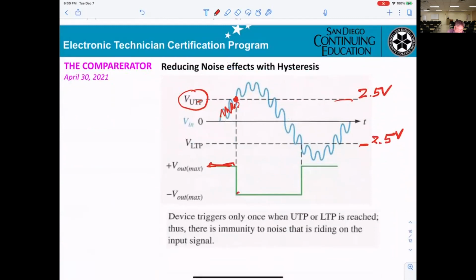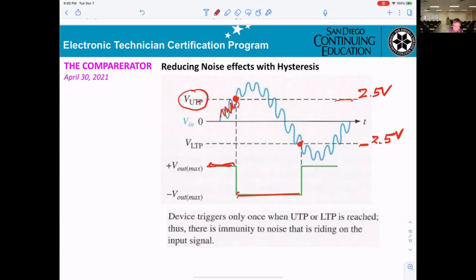Okay, that's only the first point. Then you have when they go into negative saturation. Okay, and this is the lower trigger point. Only one point here. They intersect here. Okay, so when the input is higher than the upper trigger, output goes to the negative.